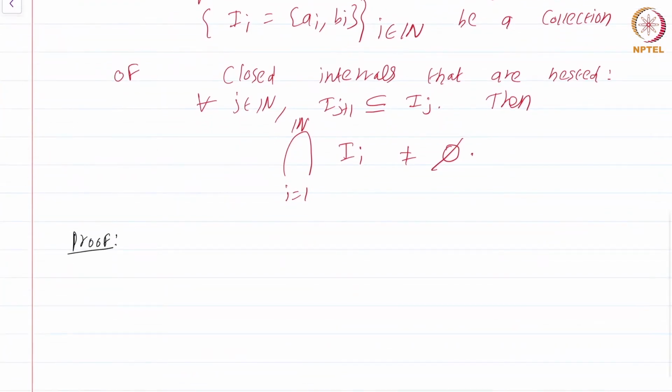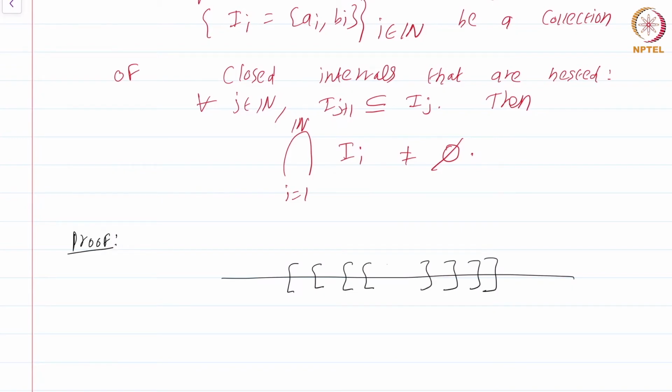Before I write down the proof, let me illustrate what this is saying. If I have closed intervals that get smaller and smaller, then it cannot happen that the intersection of all these closed intervals is empty.